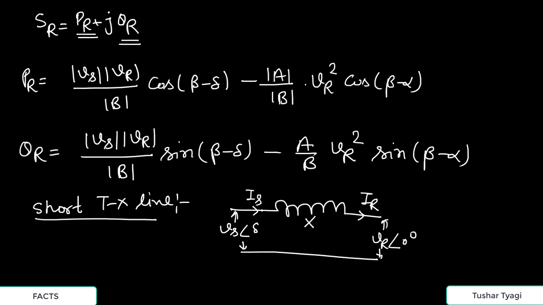In this particular case, we will try to generalize the PR and QR. How?